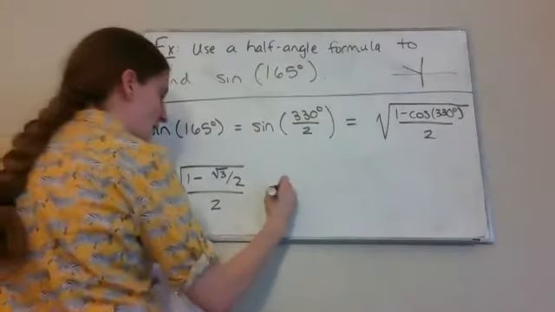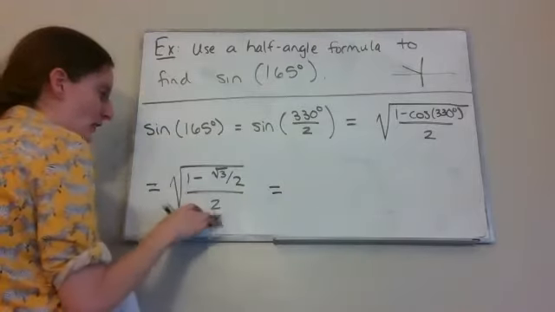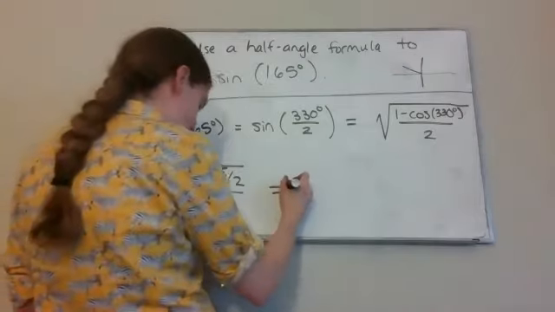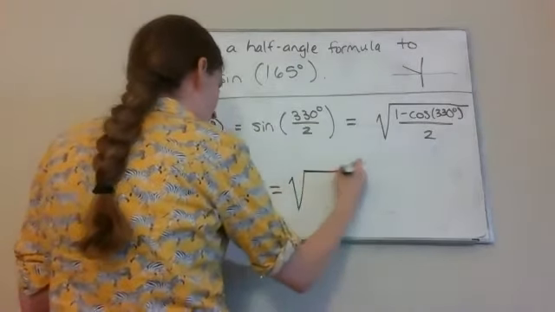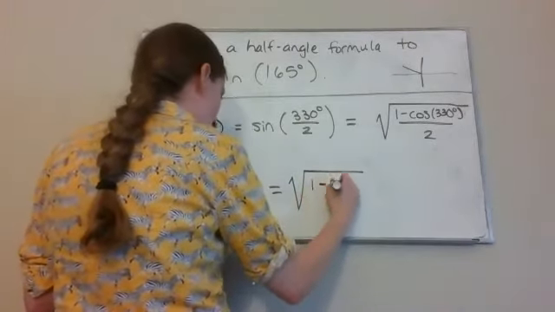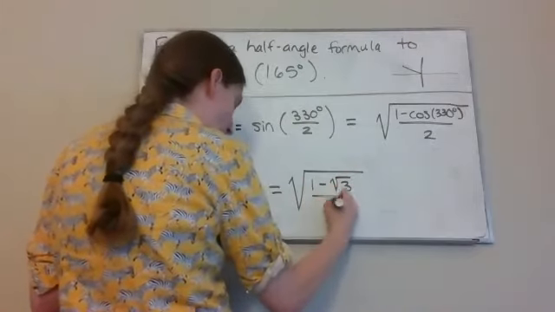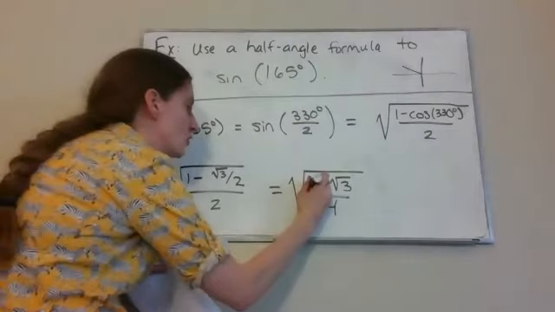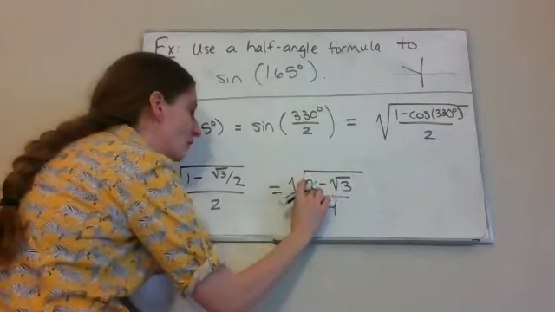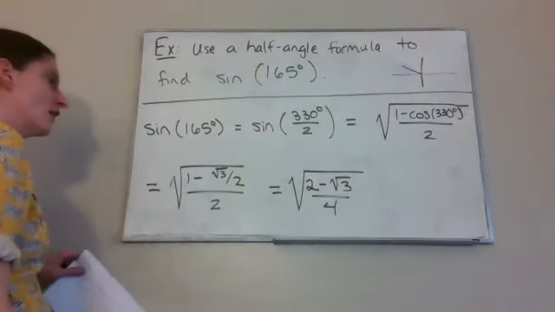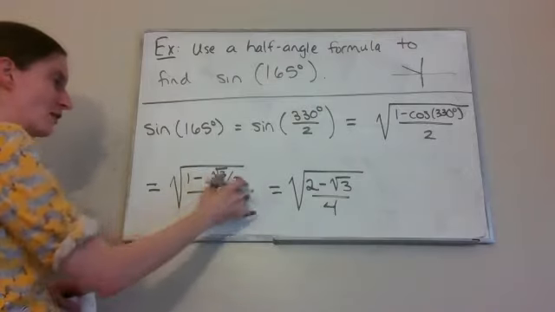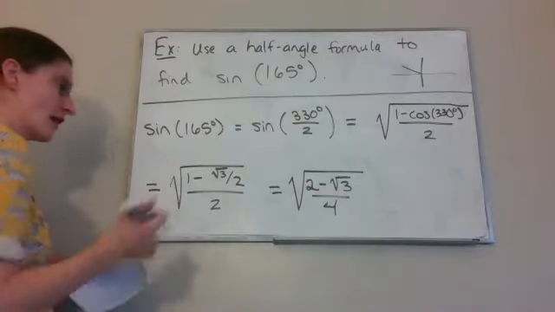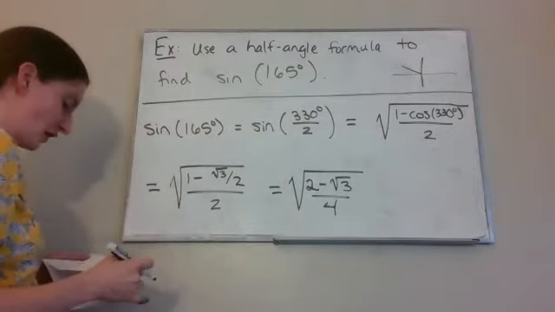So I can then simplify this root. Instead of dividing by 2, I can flip and multiply by 1/2 and get 1 minus the square root of 3 over 4. Sorry, 2 minus the square root of 3 over 4. So that is flipping, multiplying by 1/2, and then getting a common denominator to write it as one fraction in there.